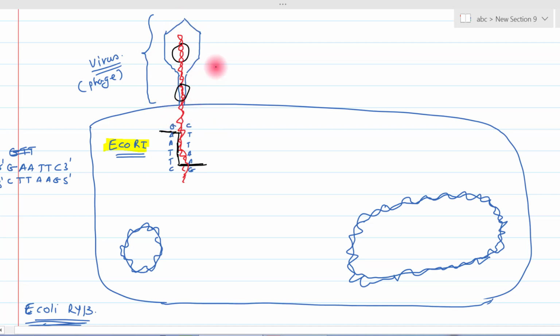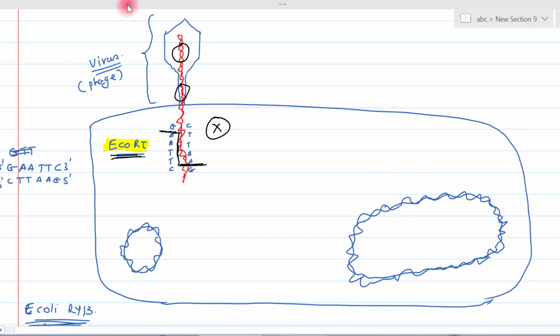So now the infectivity, the pathogenicity of the virus on this bacterium, is nullified. This virus now cannot infect this bacterium. So we can see that EcoR1 is protecting this bacterium from infection by this virus. But you may argue, if you look closely, that such a sequence might be present on the bacterium's own DNA.